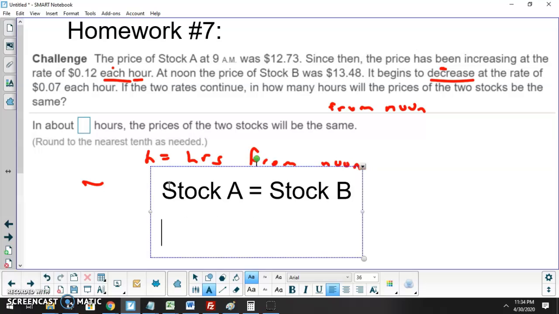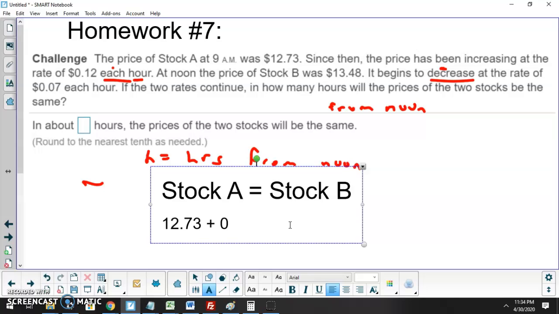All right, so let's think about what happens to stock A's price. Stock A's price is going to start at $12.73. Since it's increasing, we're adding 12 cents each hour, but it's starting at 9 a.m., and H is hours from noon.